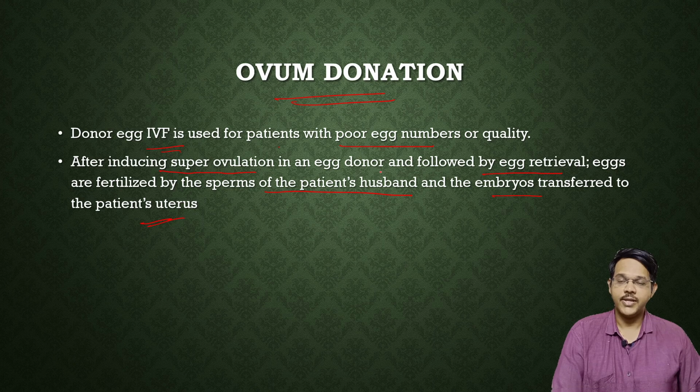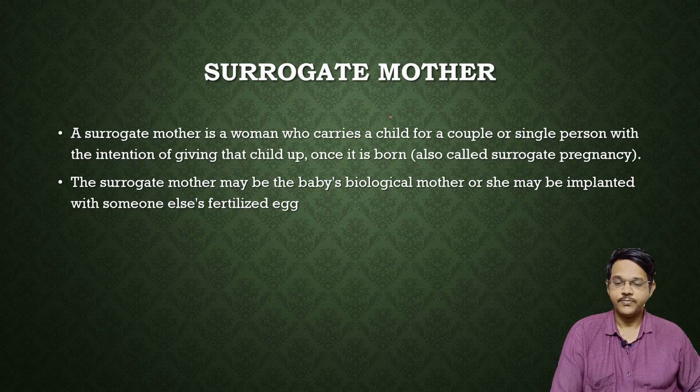So if the mother has a functional uterus but poor eggs or quality, then the donor's ovum is obtained by superovulation techniques. Eggs are retrieved, then sperm is obtained from the husband and fertilized either outside or by zygote intrafallopian transfer, and it is implanted into the mother's uterus.